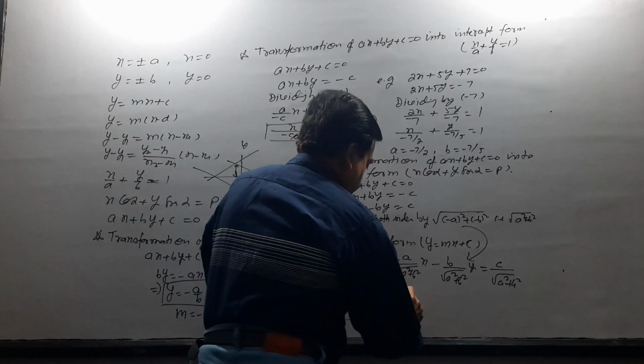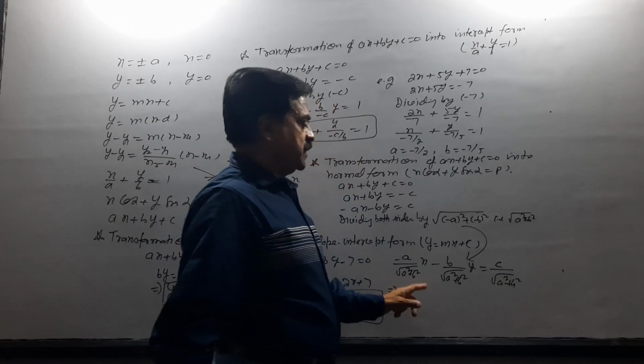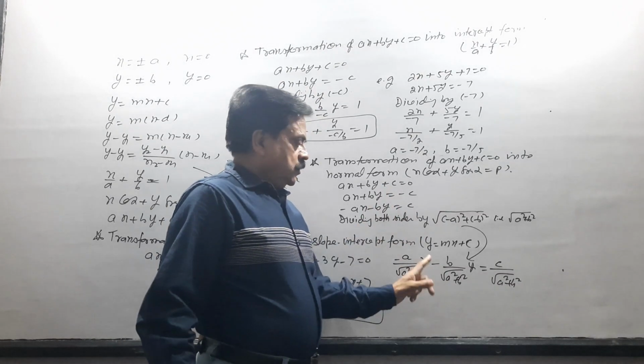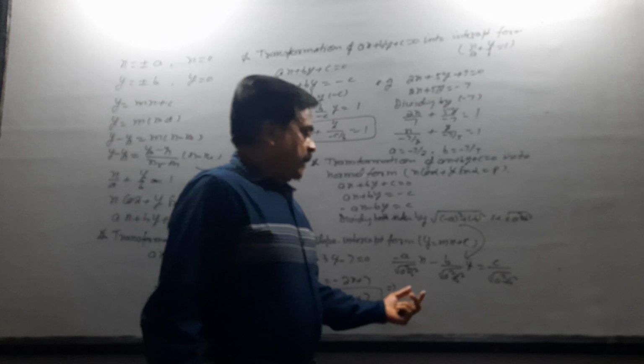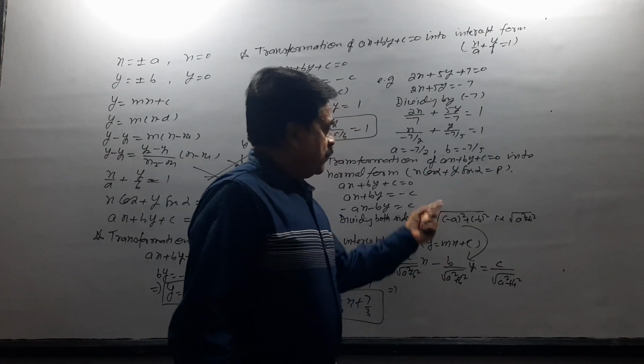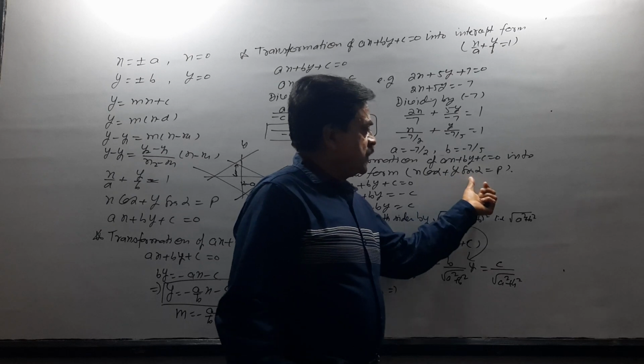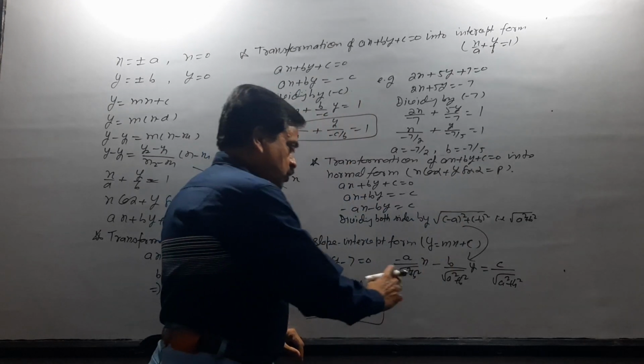And now cos alpha is here. Compare: this is conversion of general form into normal form, and in normal form the terms are cos alpha, sin alpha and p.